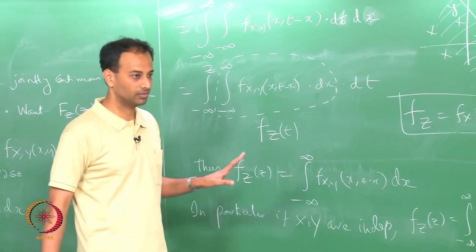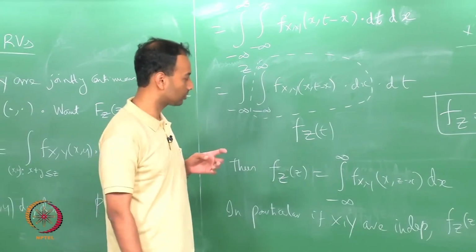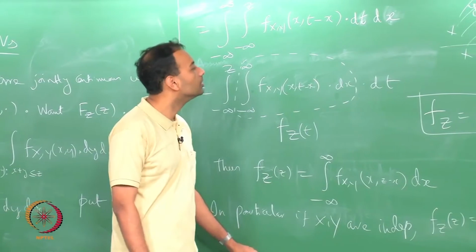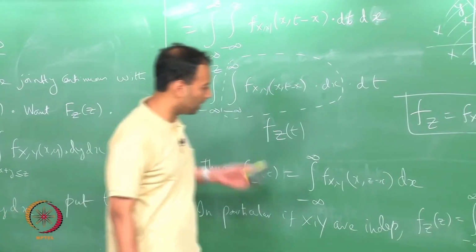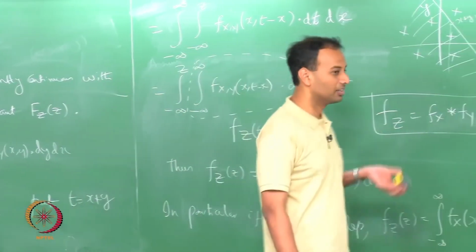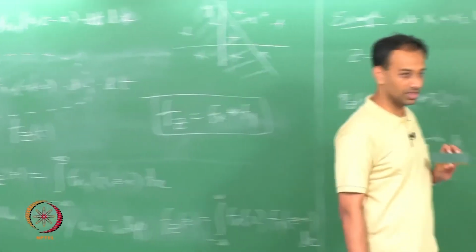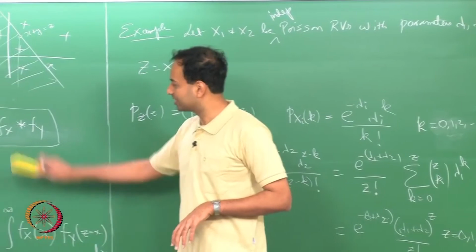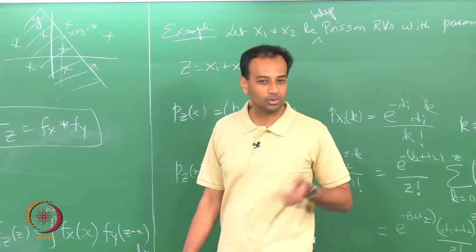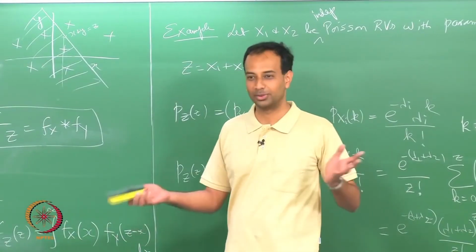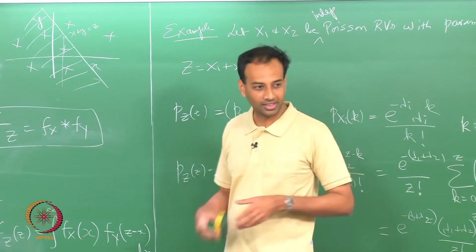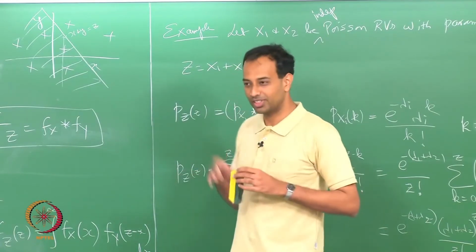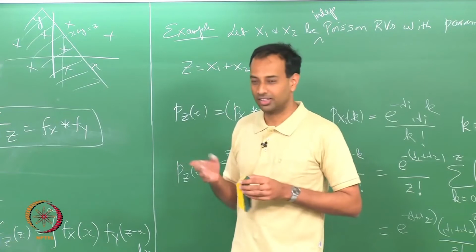Is this clear? If you have good practice in convolution, you can do a lot of examples like this. If X is some exponential and Y is some independent Gaussian, you can convolve the exponential and the Gaussian to say what the sum will look like. It will not be pretty, but in some cases you get nice answers.